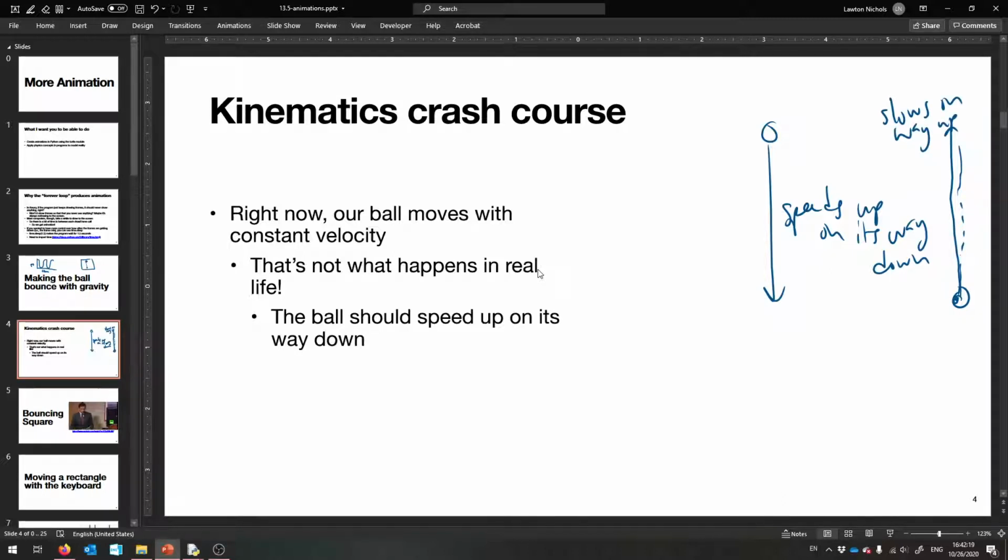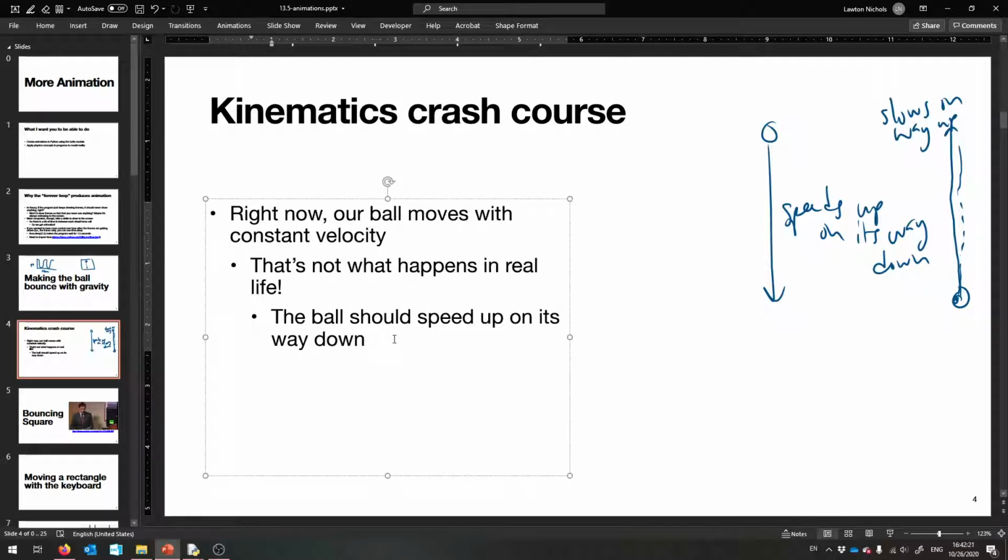And how do you talk about how fast something is changing speed? Because that's what we need to worry about. So how fast does a ball in real life change its speed? Okay, that is the question we need to ask, and there is an answer. It moves, it's affected by gravity.